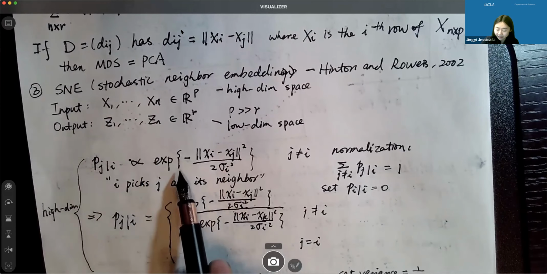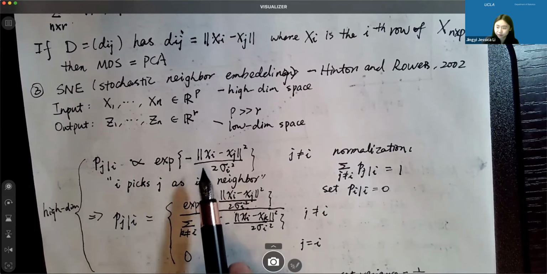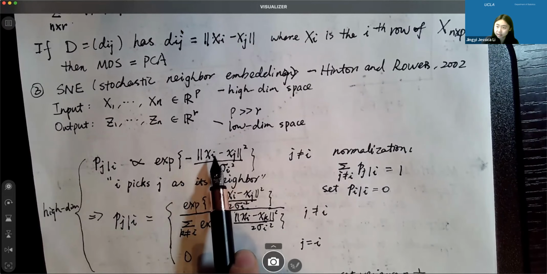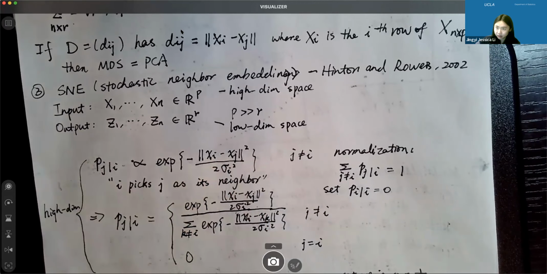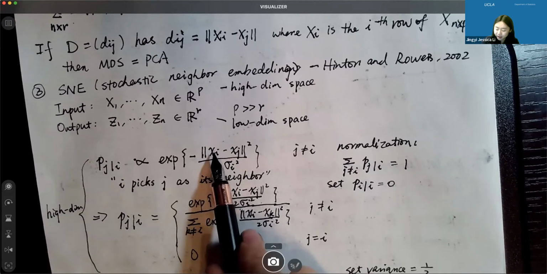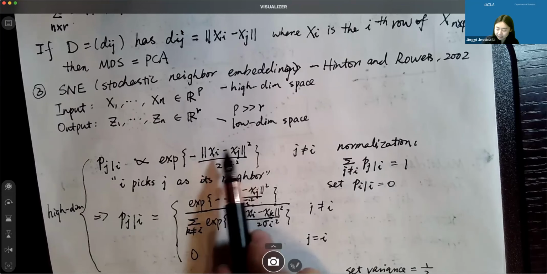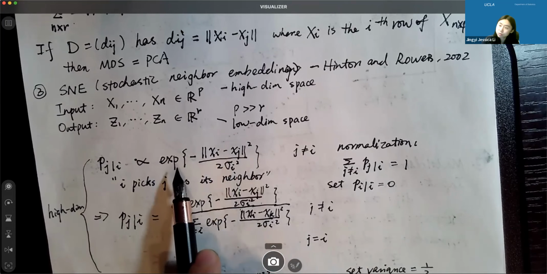So this one in the high dimensional space, you can regard as a nonlinear transformation of the high dimensional Euclidean distance to a value. As I said, the Gaussian has that light tail property. So when x_i and x_j are far apart, or this distance is large, you can easily shrink it to close to zero.